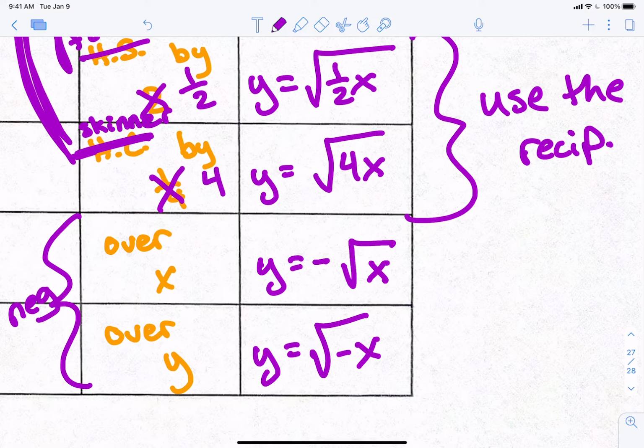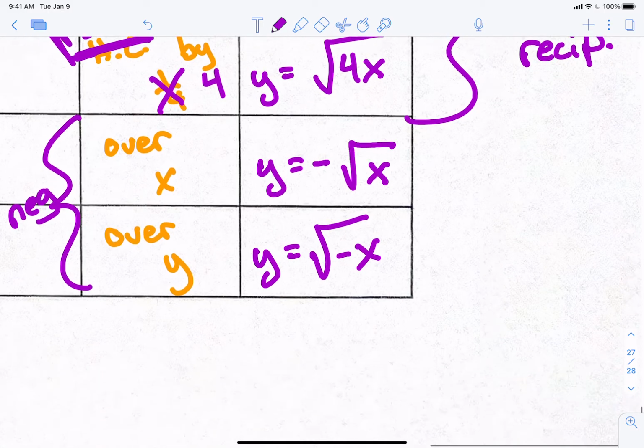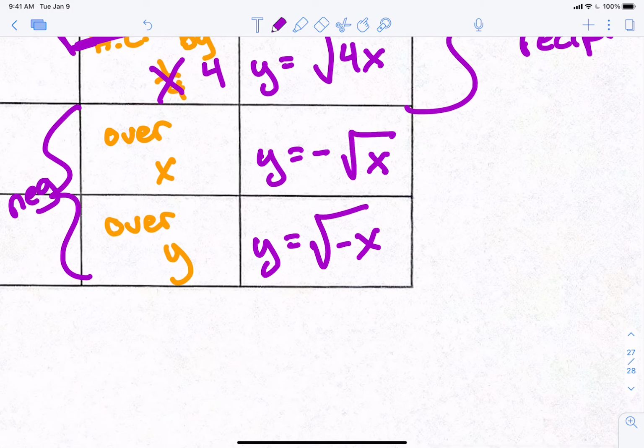Okay, now how can you have a square root of a negative number? You're right, except these ones won't have imaginary numbers, okay? When you go to graph this thing, the only numbers that I will be allowed to plug in for x will be negative numbers, okay? Like, let's say I want to plug in a negative 2.